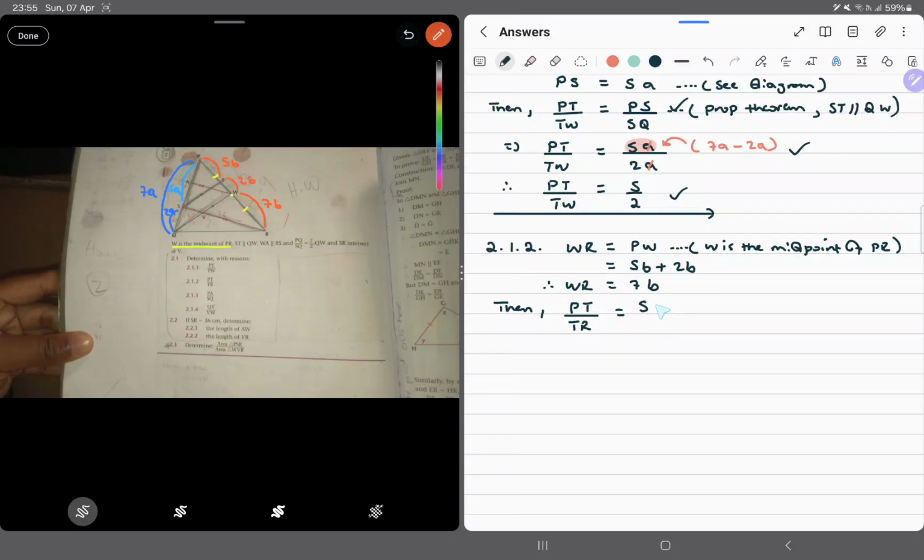Is 5B divided by, now TR is going to be 2 plus 7. So you can write 2B plus 7B to suggest that this is a calculation on its own. This implies that our PT over TR is going to be 5B divided by 9B. Now the B's, they do their thing, which is going to be just 5 over 9.